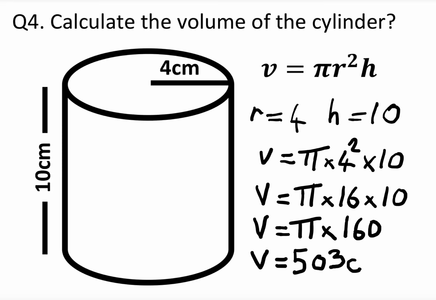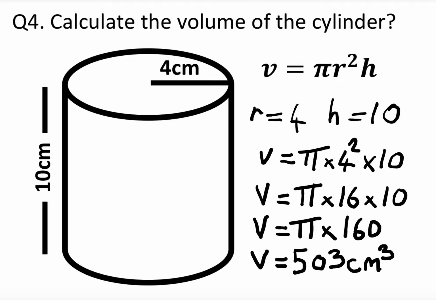And what is that? It's centimetres. But it's not just centimetres, it's centimetres cubed because we're talking about volume. The last thing we've done there is written that value to 3 significant figures, because when you multiply by pi, the value would go on and on for infinity, basically.